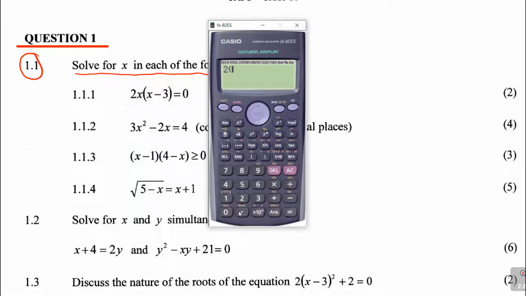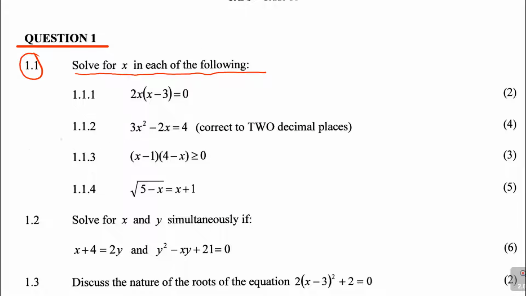So it's 2 brackets 0 and then bracket 0 minus 3. It must give me a 0. So that one is fine. The other one was x equal to 3. So if we put a 3 there, you see 0. So that one is fine. So that is 1.1.1. Now let's go to 1.1.2.